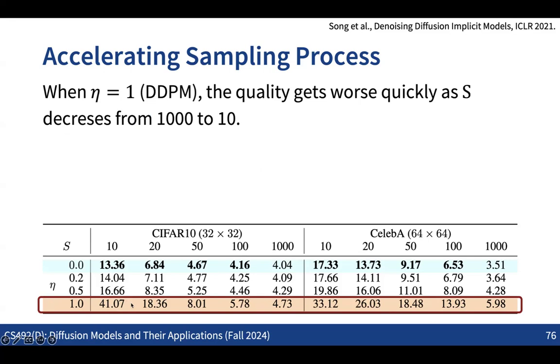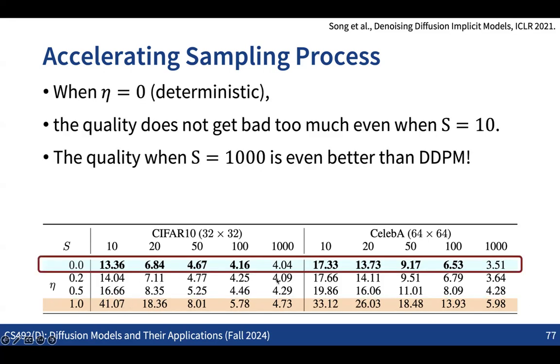But if we make the generation process deterministic, making this eta 0, then you can see that even when you decrease the number of the time steps from 1000 to 10, the FID does not increase that much compared to the DDPM case, right? So we can still consider decreasing the number of the time steps while still maintaining better quality of the outputs.